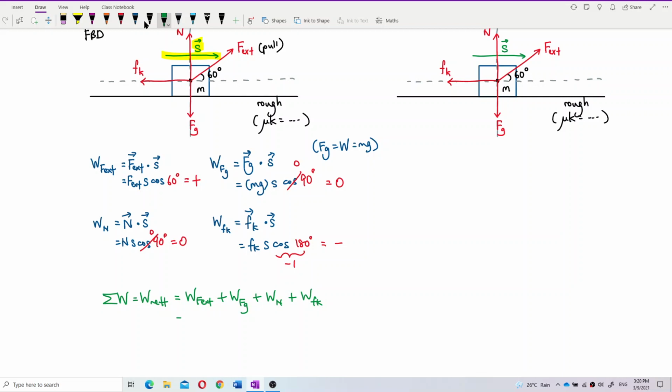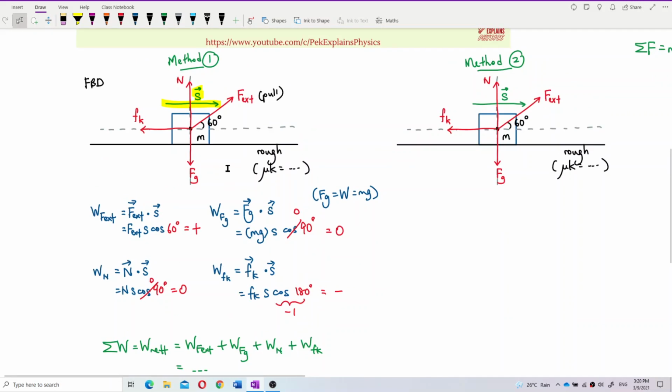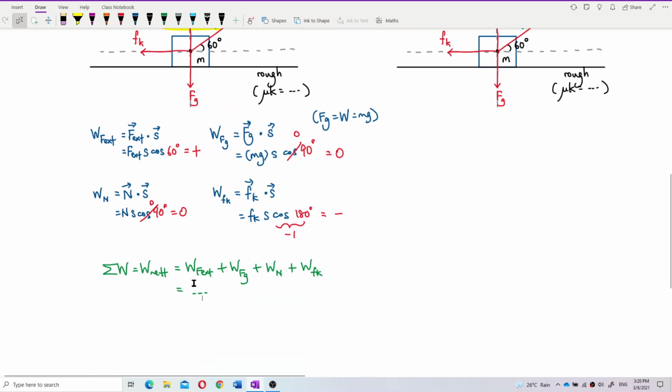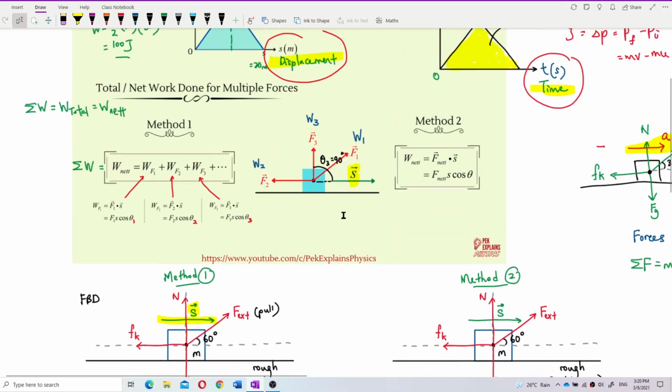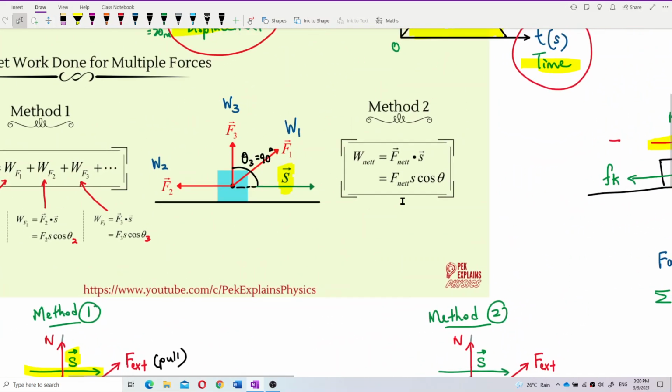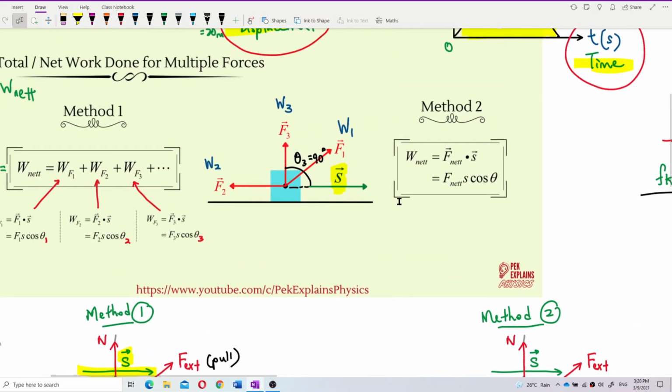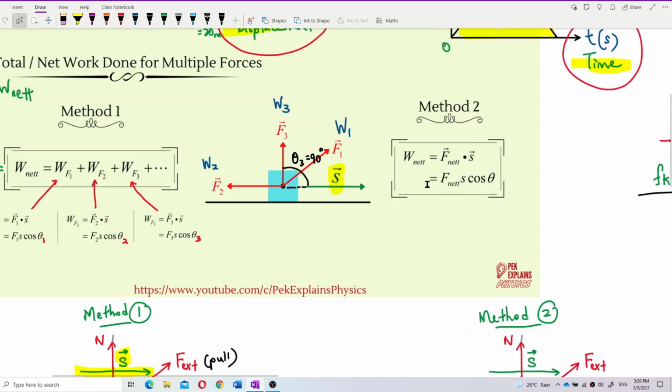Then we total up and get the total work done. Understand or not? Compare each force with the displacement to get their respective angle. Then you can calculate the work done, and then total all the work done to get the total work done. That's method 1. The second method is we find the net force first.